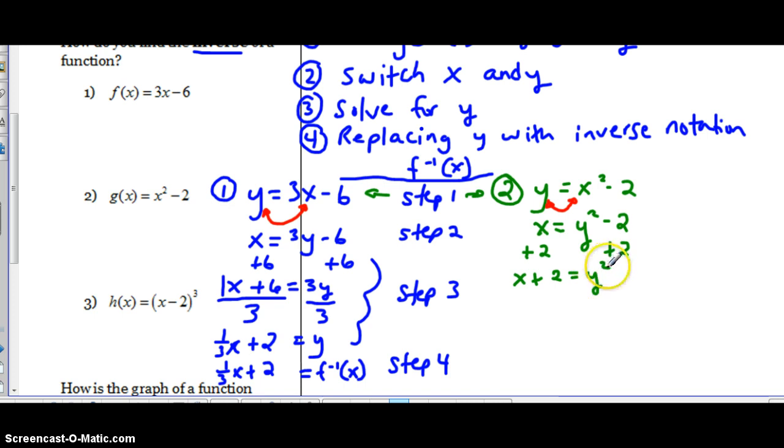So just like we talked about in solving radical equation notes, we have x squared. In this case, we have y squared. So to get y by itself, we have to take the square root of both sides.